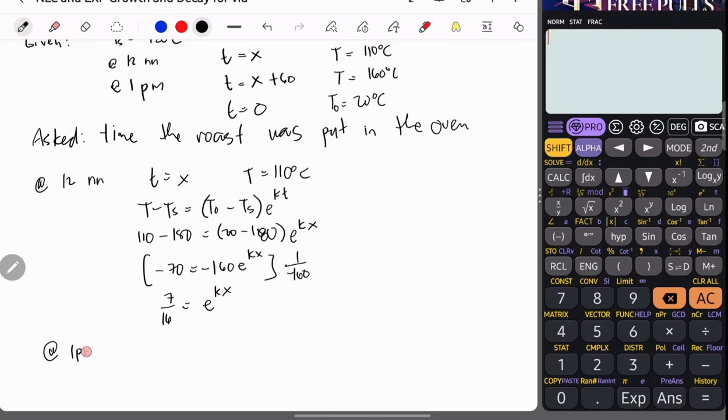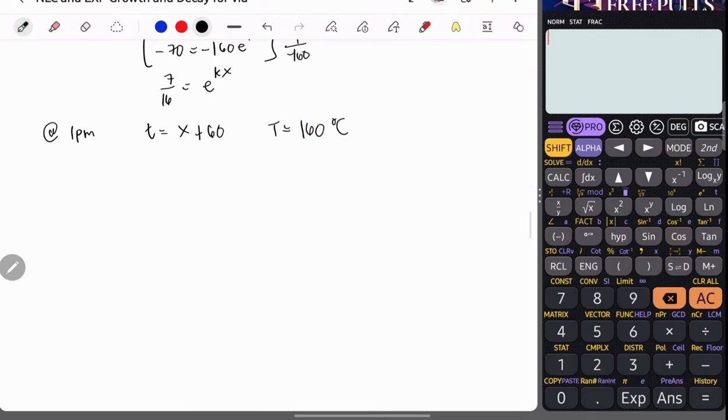At 1 p.m., T is equivalent to X plus 60. So the temperature is 160 degrees Celsius. The formula is T minus Ts equals To minus Ts times e to the KT.